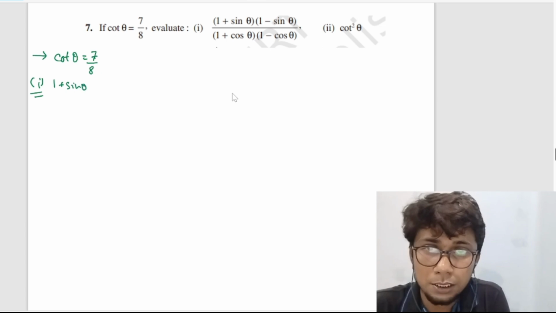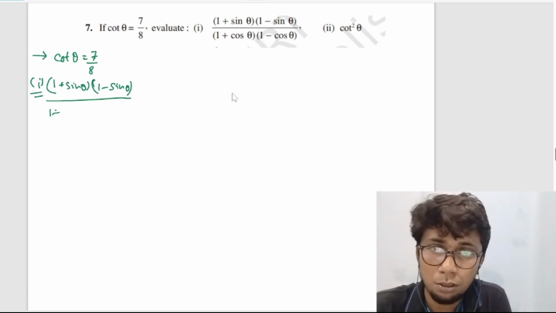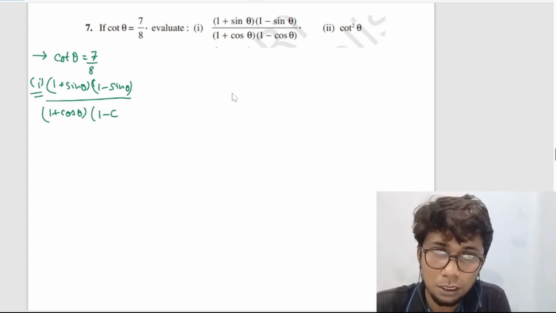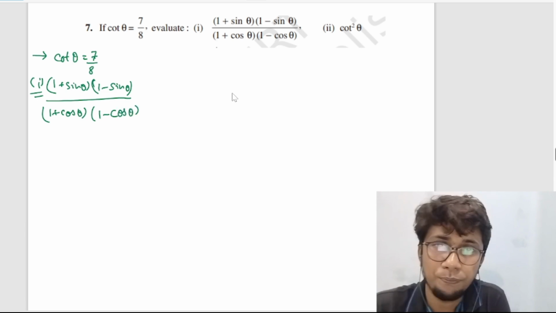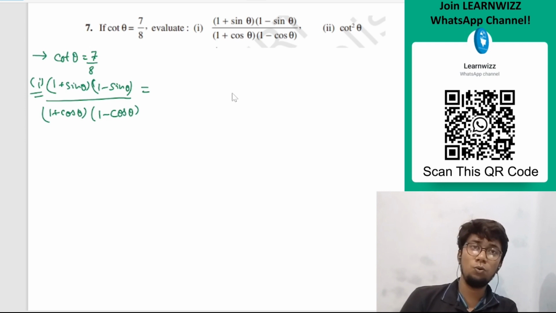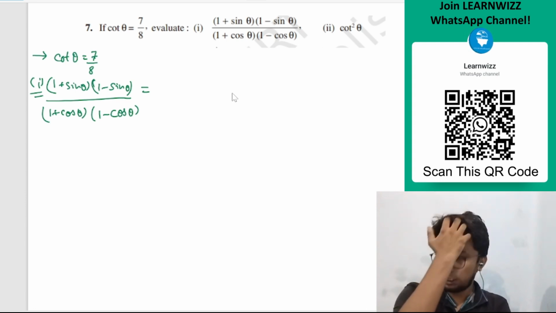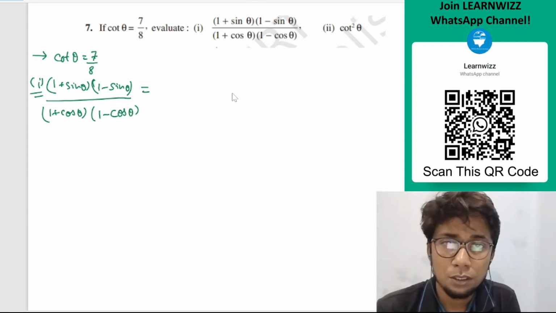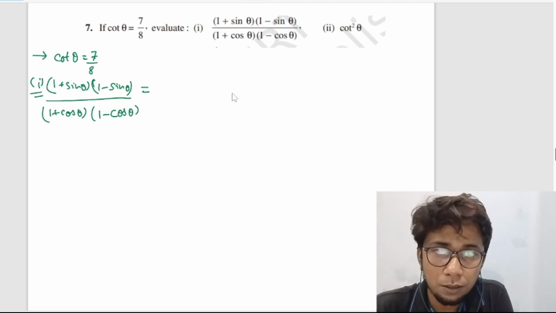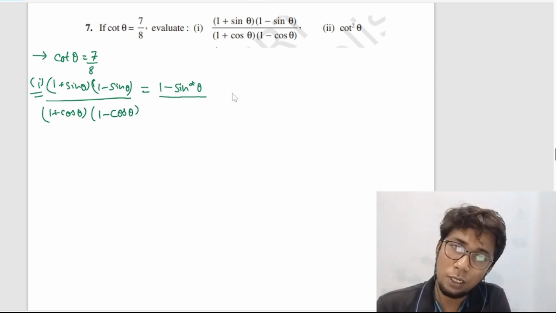For example, we are given 1 plus sine theta into 1 minus sine theta upon 1 plus cos theta into 1 minus cos theta, right? So is this of the form a plus b into a minus b? It is, right? And a plus b into a minus b is a square minus b square. So we can write this as 1 minus sine square theta, and this is a plus b into a minus b again.